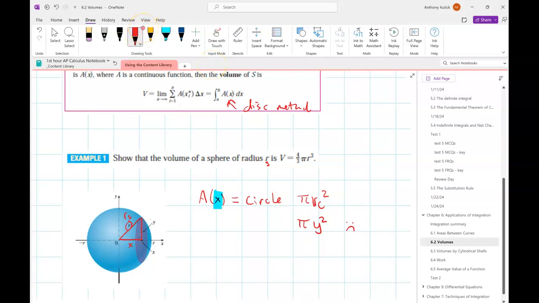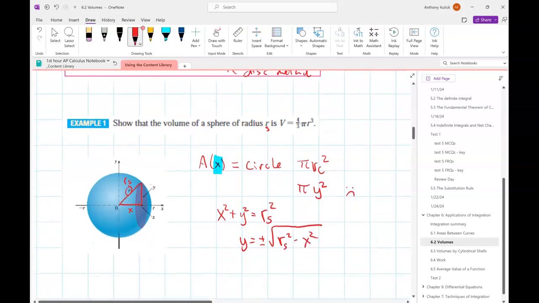So if I look at here, it seems pretty obvious the Pythagorean theorem is going on. So I can say then y is going to be plus or minus the square root of r squared minus x squared. And because y is a radius, it's a length, I can drop the minus.